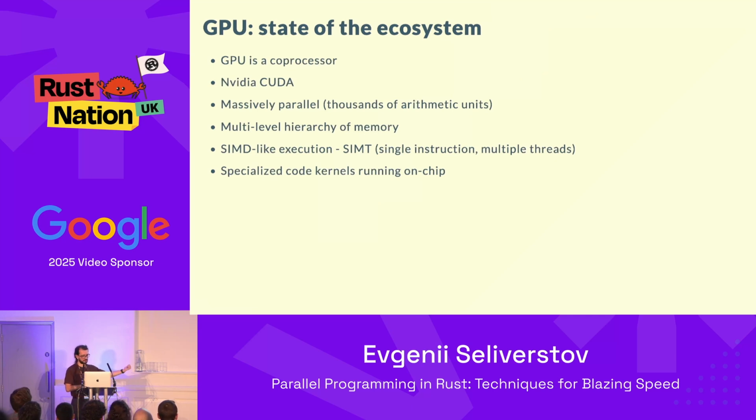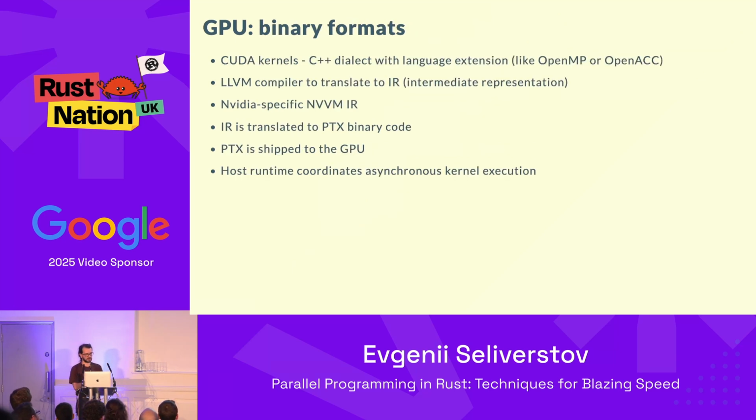So first of all, we have specialized code running on the chip, on the actual CUDA core, and we have code communicating with the GPU. How does that look? First of all, it's really complicated. We have a ton of different binary formats. CUDA kernels are written in C++ with heavy language extensions, and then the LLVM compiler tries to translate it to an intermediate representation, like MIR in Rust.